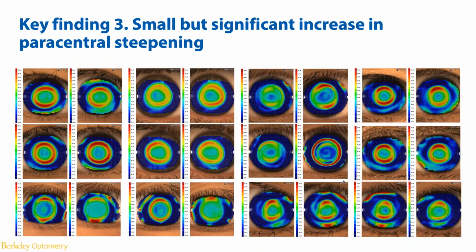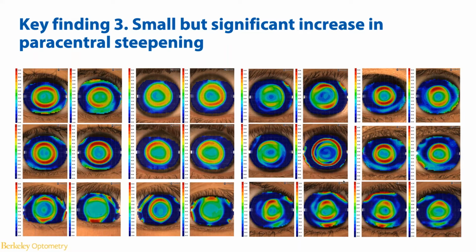Similarly, we're seeing a small but statistically significant increase in the paracentral steepening with the 5mm OZ design. Again, this is very subtle, but it is consistent across the board. The paracentral steepening is more dramatic in the vertical meridian, so 12 and 6 o'clock, more so than 3 and 9 o'clock.